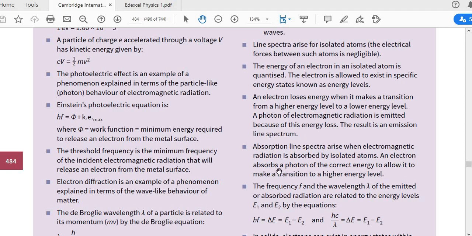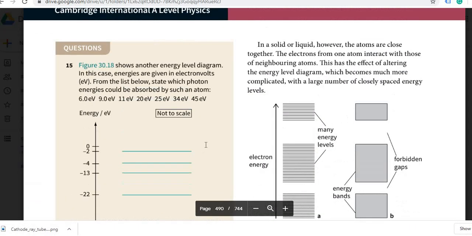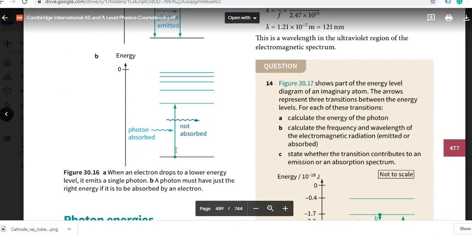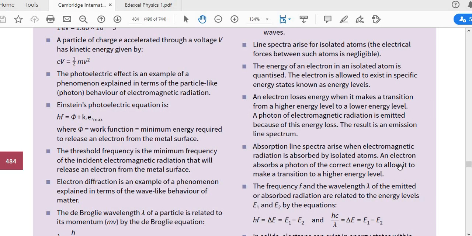An electron absorbs a photon of the correct energy to allow it to make a transition to a higher energy level. In emission the electron goes from a high energy level to a lower energy level and emits energy, but here the energy is absorbed from the photon and it goes from the lower energy level to the higher energy level, like what we saw here. So from here to here it is absorbed. As a result, what we get is absorption line spectra.